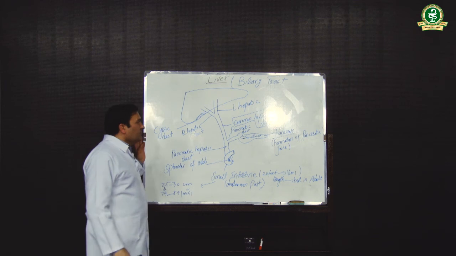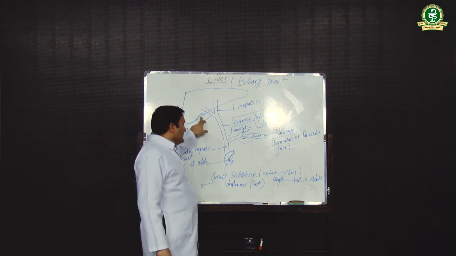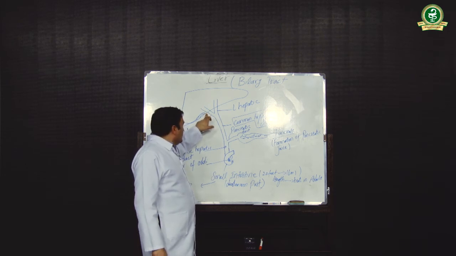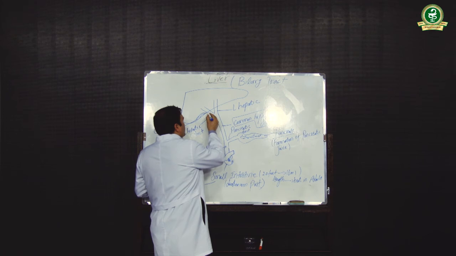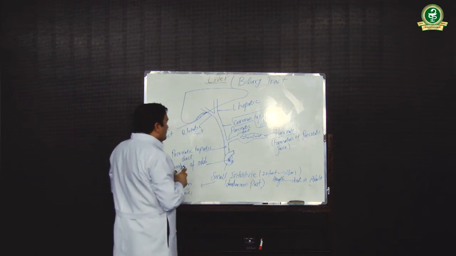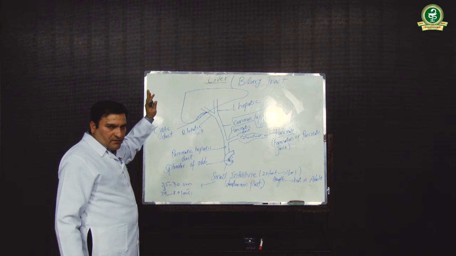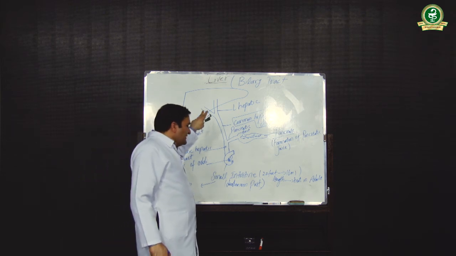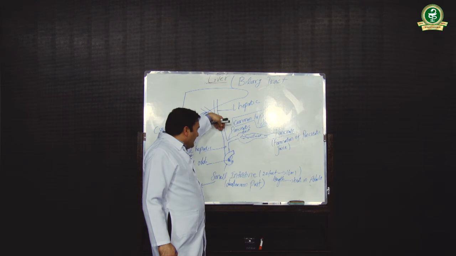That is our biliary tract. There is a storage of bile juice, and the cystic duct enters it. The right hepatic duct and left hepatic duct take bile juice from the lobules and it comes out in the common hepatic duct.